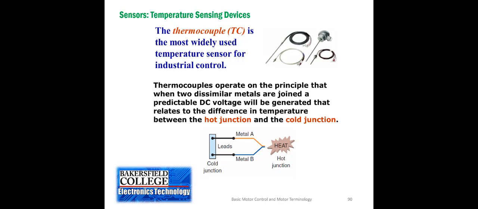So the voltage that's generated in the hot junction needs to have the voltage from the cold junction deducted from it, or subtracted from it, in order to get an accurate reading.